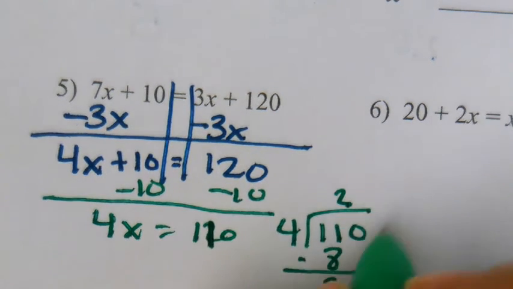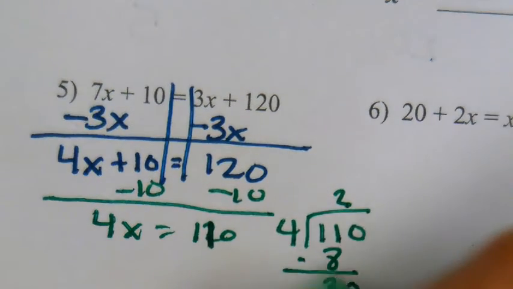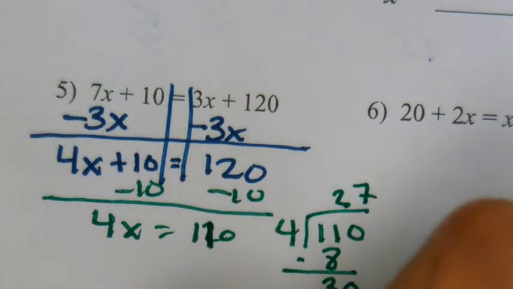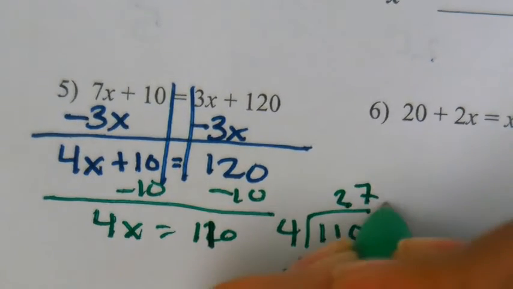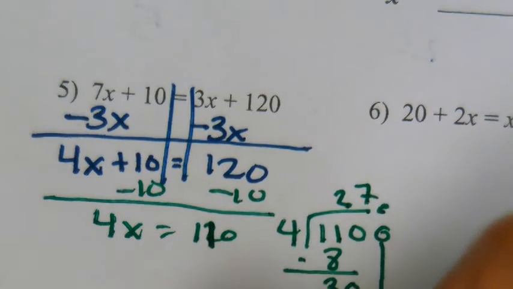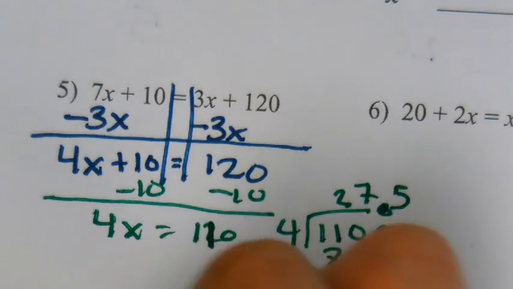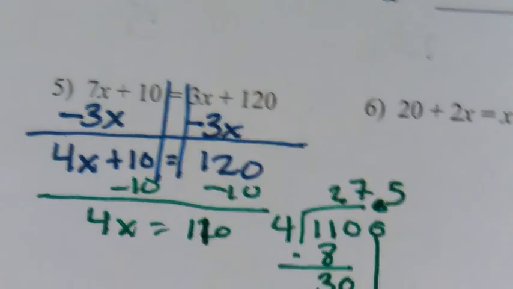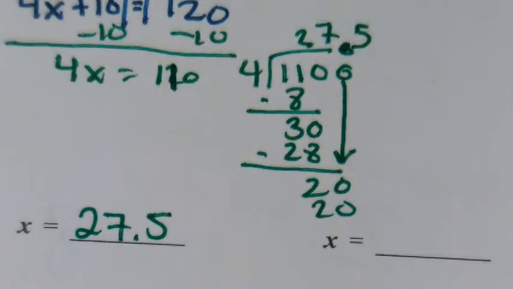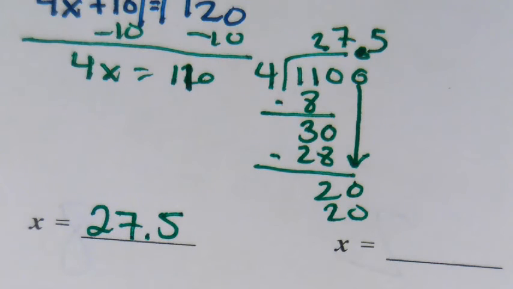I'm going to get a remainder, huh? Yeah. It equals a decimal, but it's a pretty easy decimal, right? 27.5.